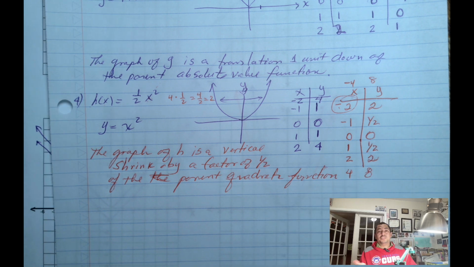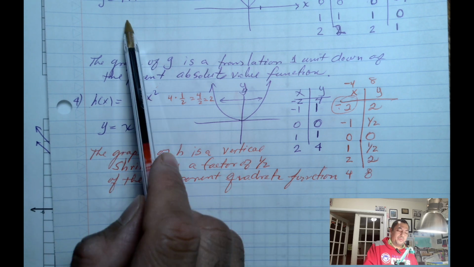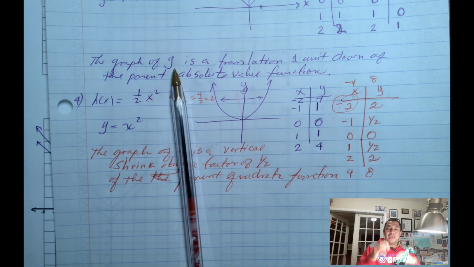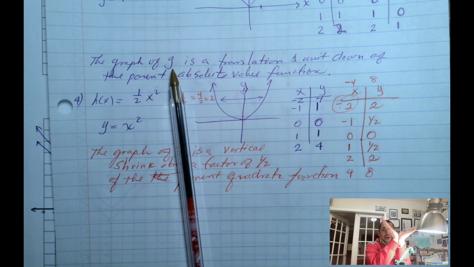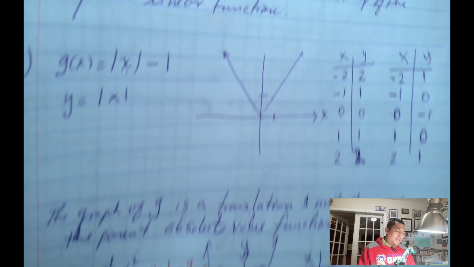That's the parent quadratic function. And in this case, a vertical shrink of a factor of 1/2. Remember, if we have 1/2 as a vertical shrink, that means the graph starts getting wider around the parent function. Okay, that's number 4.